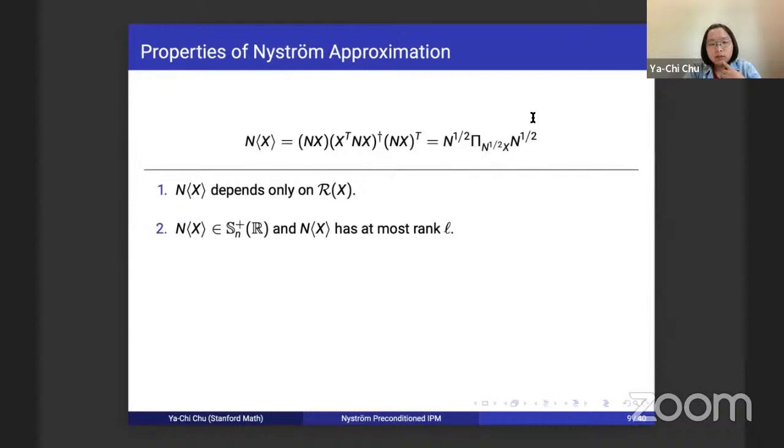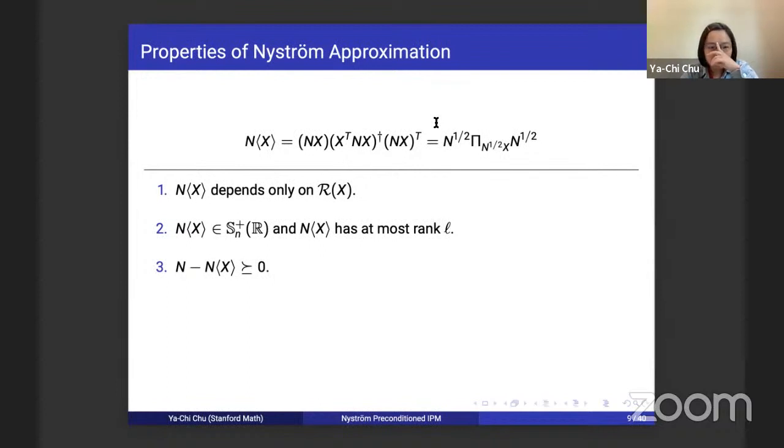And this form tells us that the Nystrom approximation is positive semi-definite. And because we did the projection, the rank will decrease. The Nystrom approximation has at most rank L in this case, basically the number of columns of X. The third thing is that the original matrix N minus the approximation must be positive semi-definite.